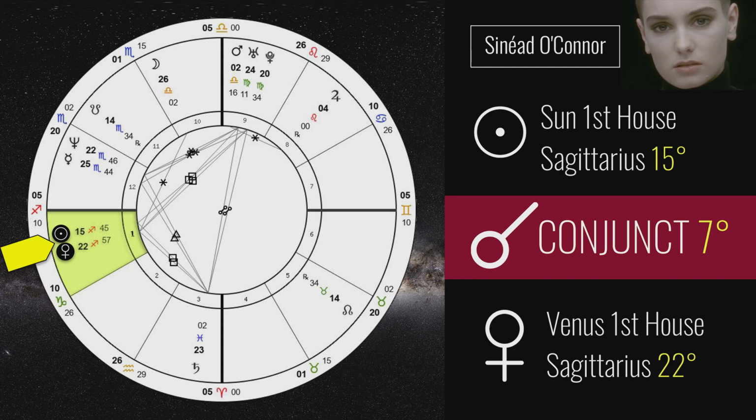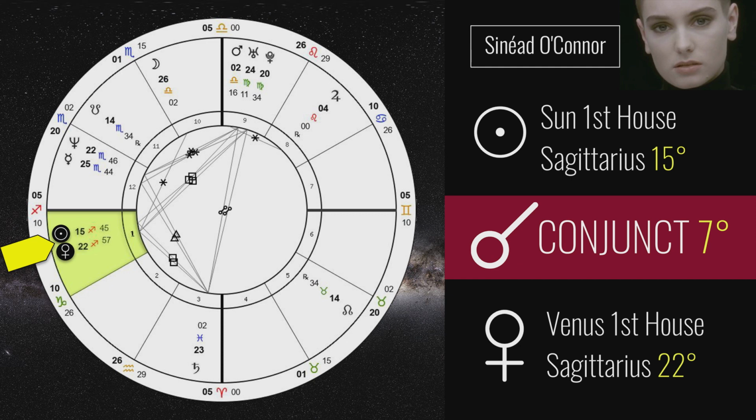So the orbs vary, and different astrologers have different rules. Astrology is a science and an art, and it's open to interpretation. One of the things I would also suggest as people go about learning is to think about, if 2 planets, especially with a conjunction to the sun or the moon, were a conjunction, what would it mean?